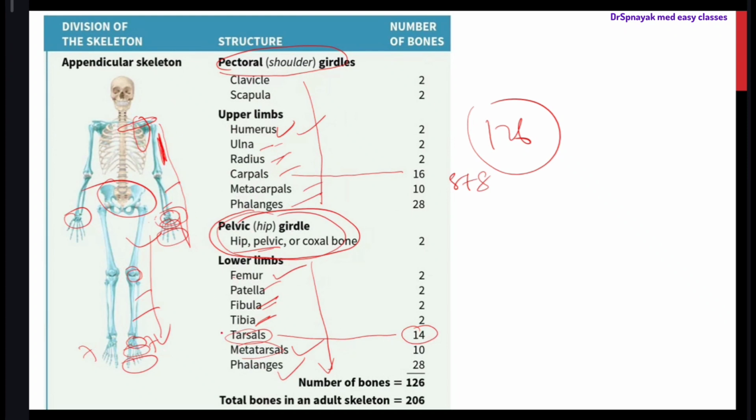All these bones are comprised under the appendicular skeletal system. Now we will discuss each and every bone, where it is located, what its significance is, and its importance in the orthopedic department.